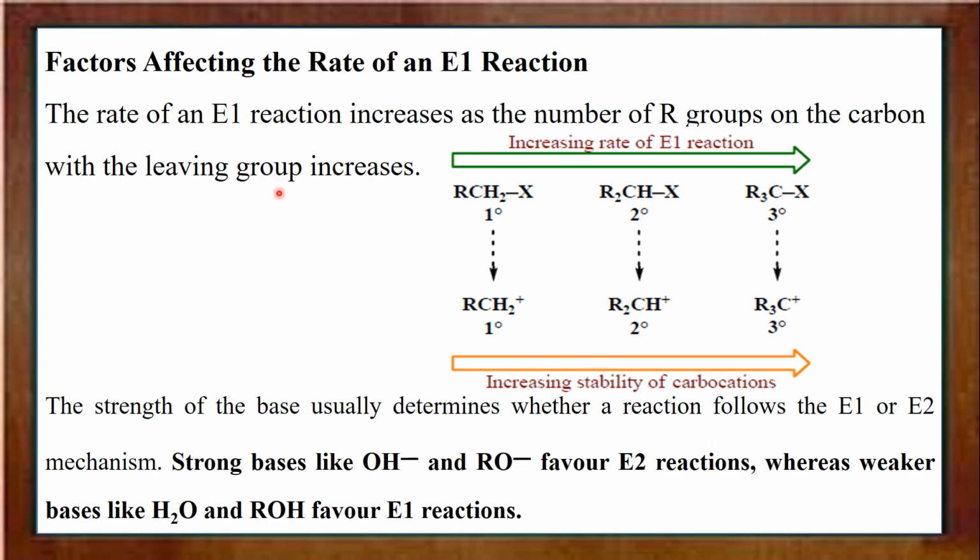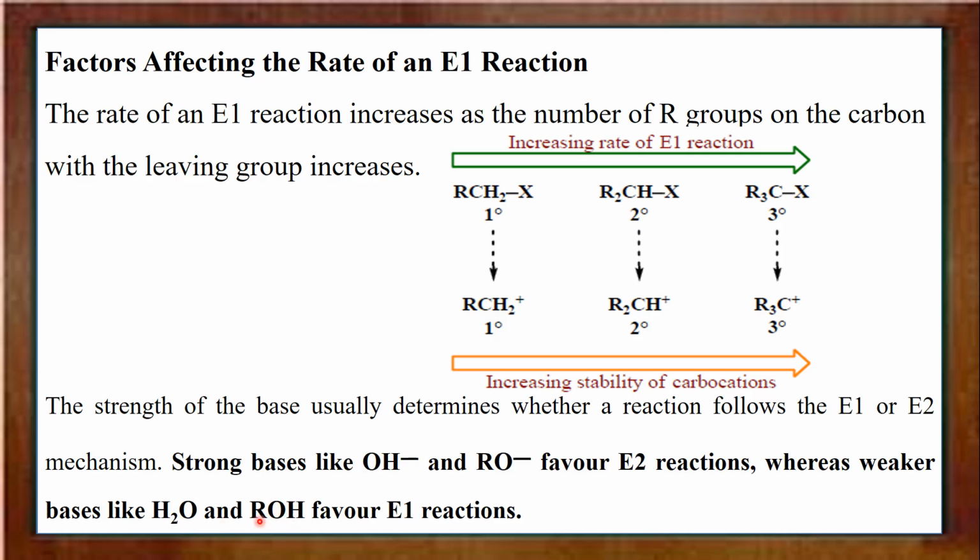As the leaving ability of the leaving group increases, the rate of E1 reaction increases. And next to that, if strong bases like OH minus or RO minus are used, of course they are more favorable for E2 elimination and not for E1. For E1 elimination to operate, we need to have weaker bases like water or alcohol.